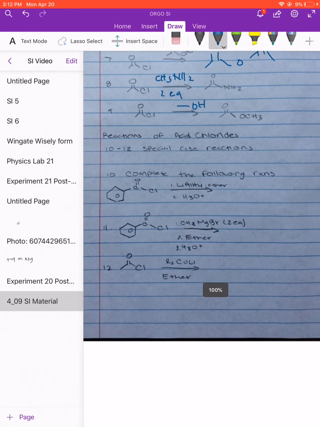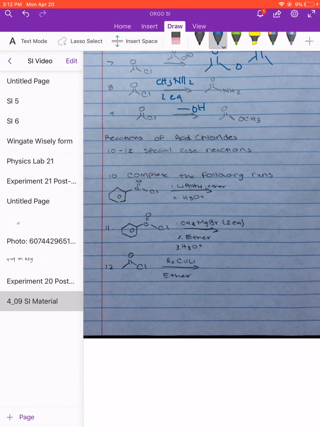So now reactions of acid chlorides. These are special case reactions. So the first reaction, we have LiAlH4, ether and acid. What that's going to do is form a primary alcohol. And then the second reaction, we have a Grignard reagent.